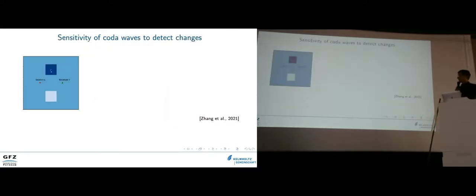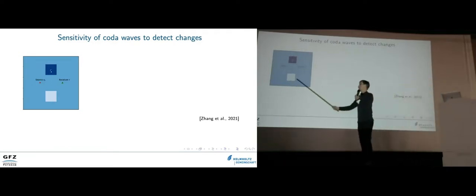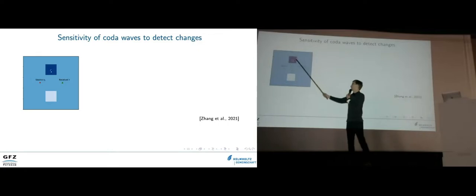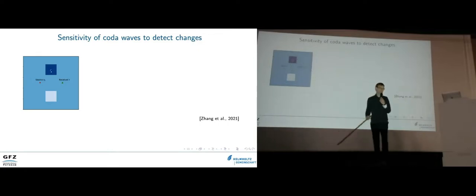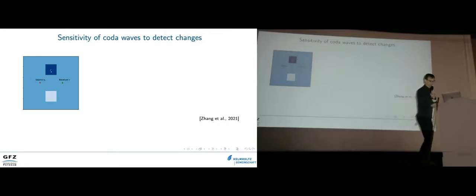So we did an experiment, and we calculated the travel time sensitivity kernels, which are important for interpreting lapse time changes in the coda. In this model, again, we have an area with less scattering, an area with stronger scattering, and some intermediate background heterogeneity.